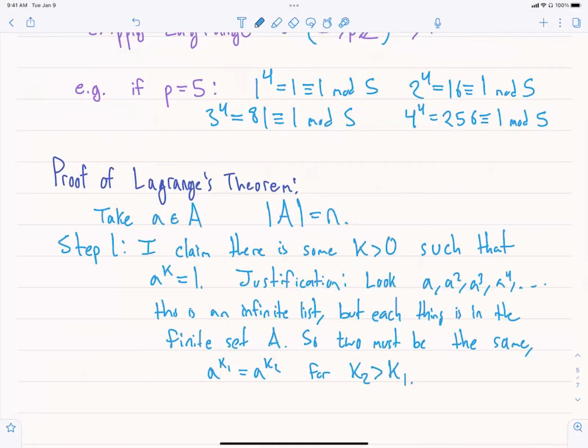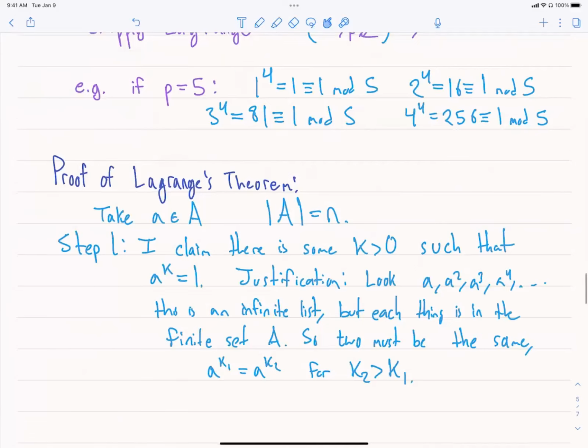So if you've done more than 2 flips, you have to have gotten one of heads or tails 2 times. This generalizes: whenever I have a finite set of objects, and a list of n plus 1 things that all live in that set, I have to have repeated some element. This is called the pigeonhole principle.